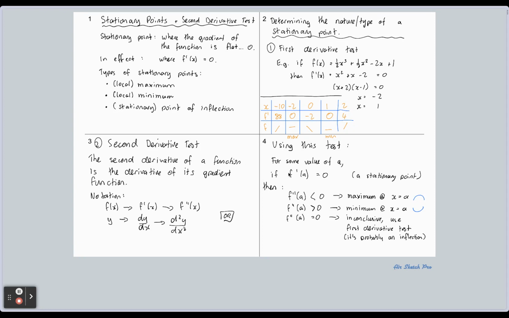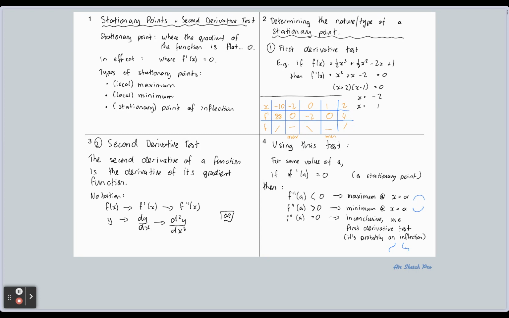So the stationary point is a minimum. If f dash dash of a is equal to 0, then we need to go back and apply the first derivative test because it's inconclusive. It is probably an inflection like this, but we don't know it is, and we have to use the first derivative test to confirm.